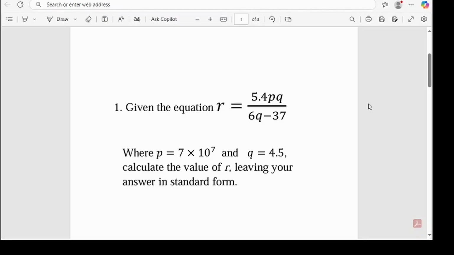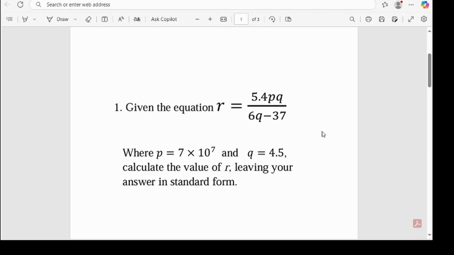So we have a question here which states that given the equation R equals 5.4pq as the numerator and 6q minus 37 as the denominator, right?